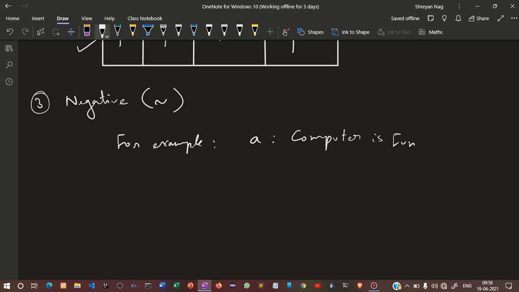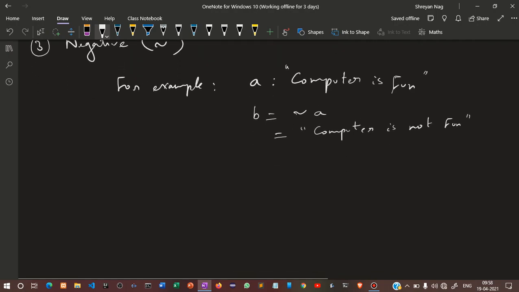Now if I write B equals negate A, what will be the answer? Computer is not fun. Basically it negates, it just changes the true statement to false and the false statement to true.